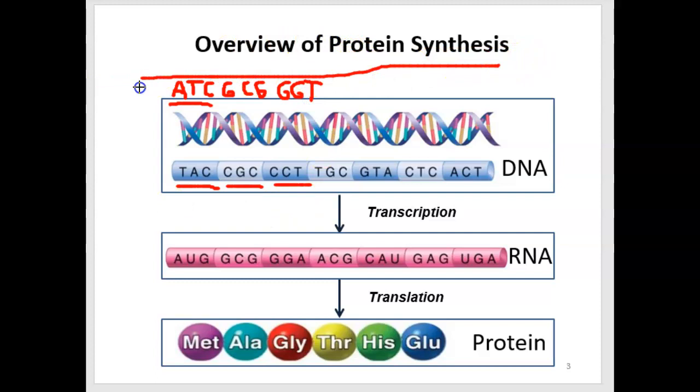If we assume that this entire sequence of DNA is a gene, our cells need to make a copy of it in the nucleus, and the copy needs to be RNA.